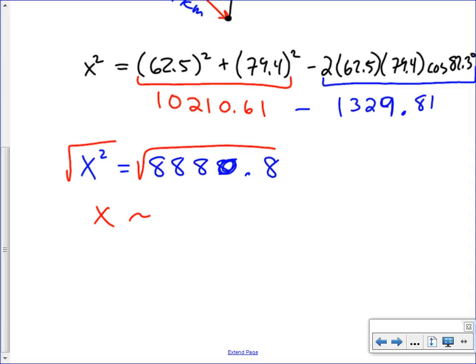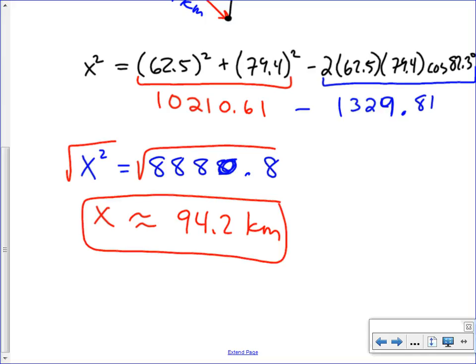So x is about 94.2 kilometers. My answer says 92.3. That's because I gave you decimal points. So as long as you're leaving the decimal points off, let's see what you typed in.